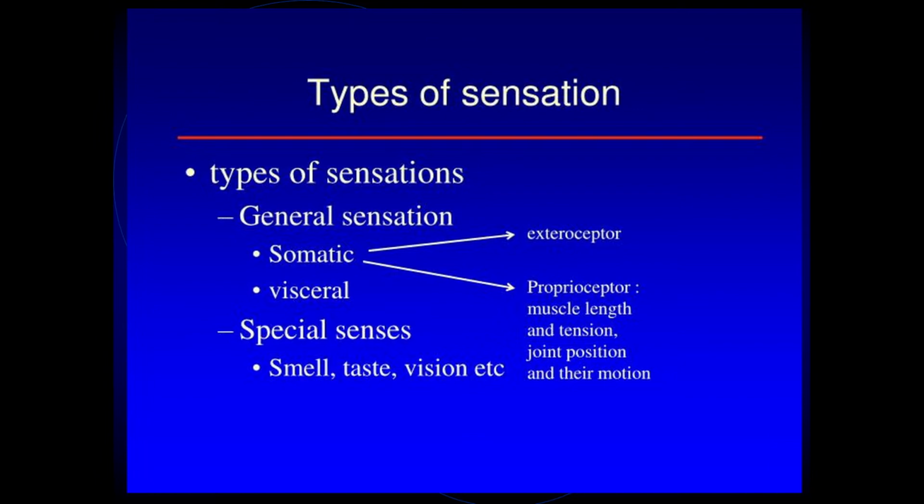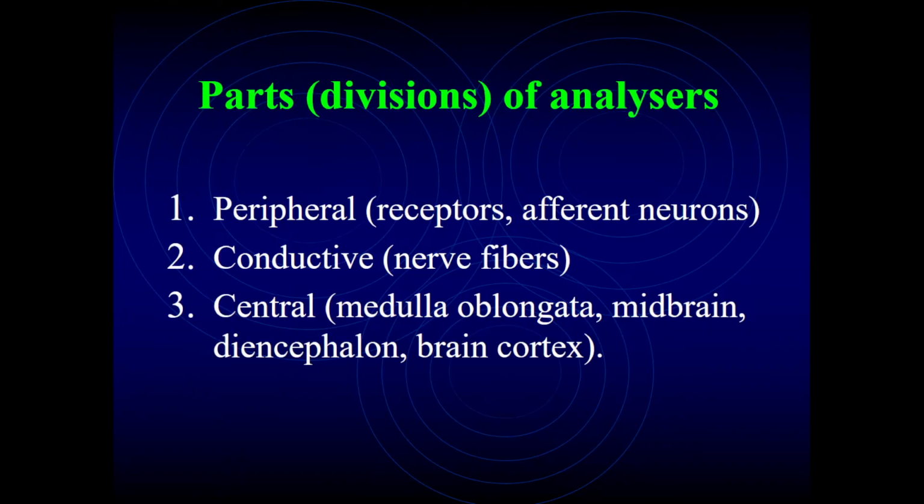All sensory systems are organized by the same general plan. According to Pavlov, an analyzer consists of 3 parts: peripheral, conductive, and central.